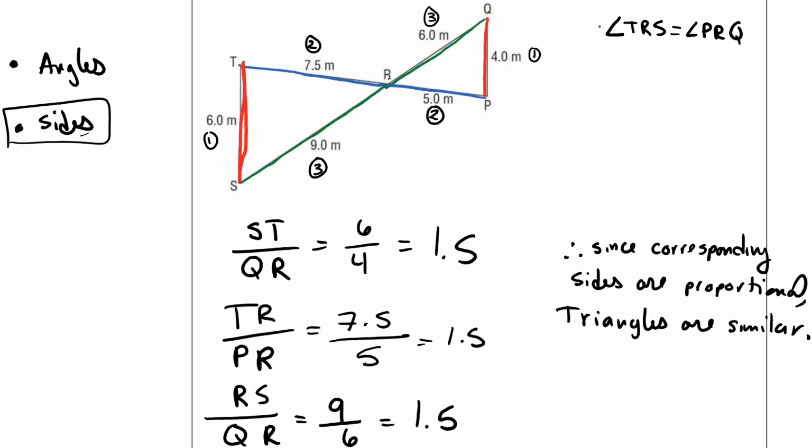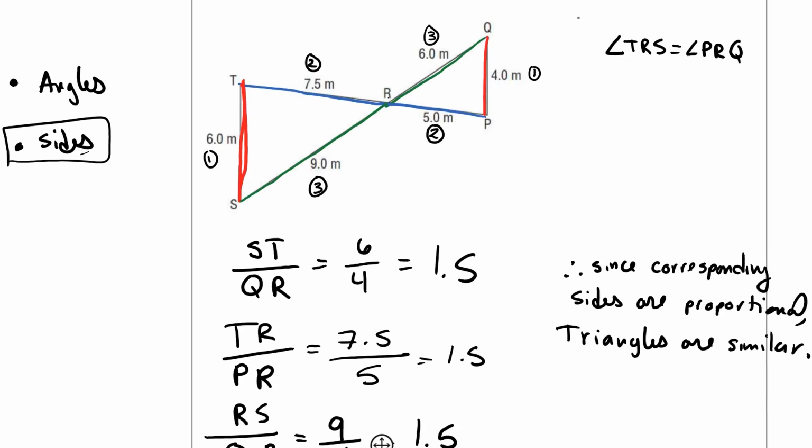We also know, so I'm just going to put a little note up here. So since triangles are similar, and we're going to say angle TSR, so we're going from red to green.